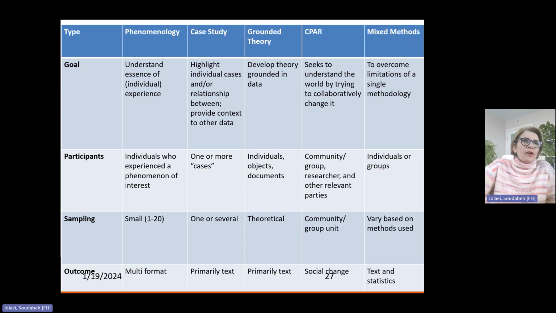The participants are individuals who experienced a phenomenon of interest. The sampling is usually small, between 1 to 20 people, and the outcome is multi-format. We can have deliverables in multi-formats. We maybe have time to discuss it later.